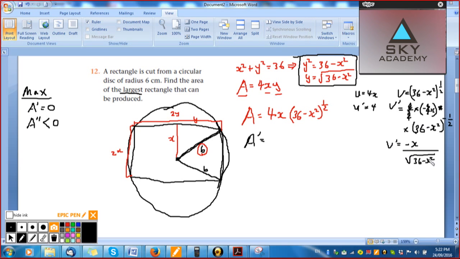So what we should get is u dash v plus uv dash, equals 4v times 36 minus x squared to the power of a half, minus 4x squared over 36 minus x squared to the power of a half.